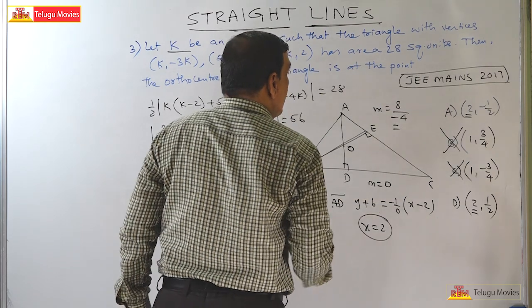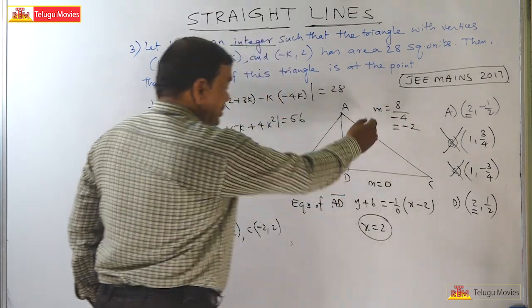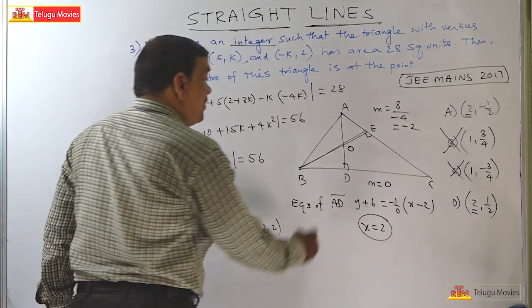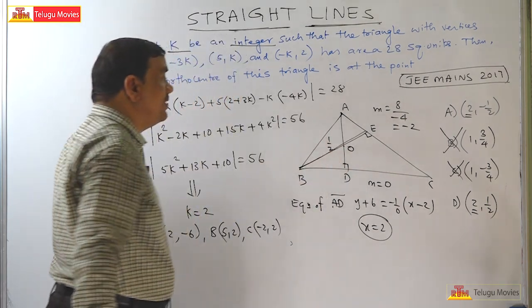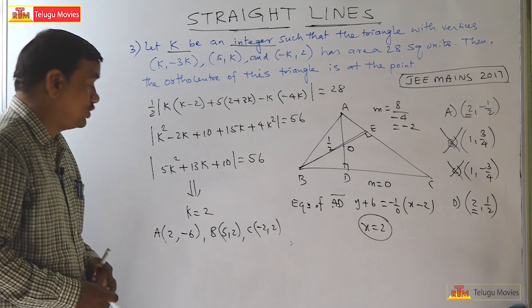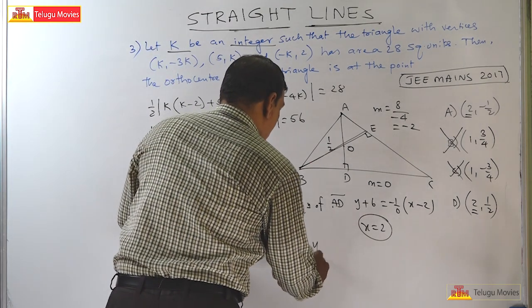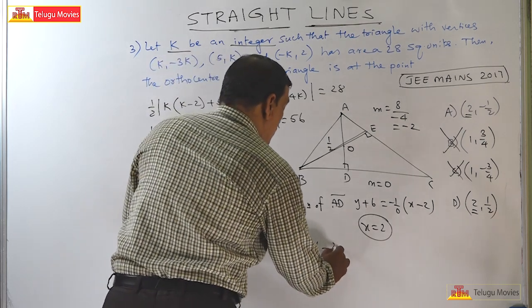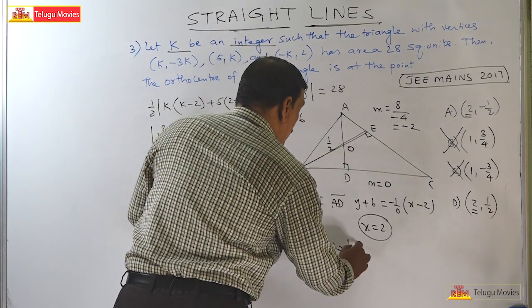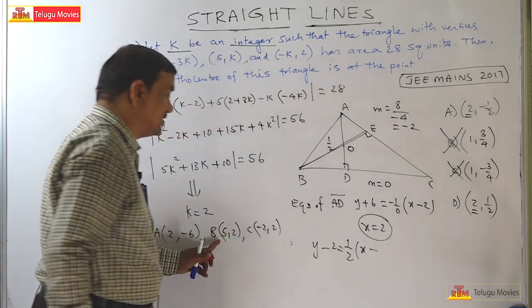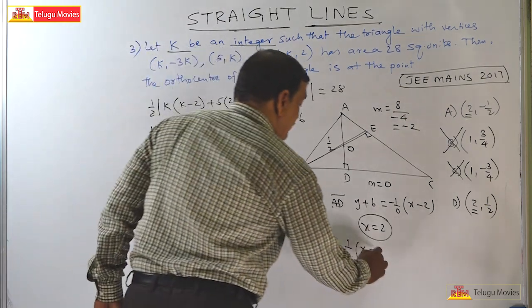Therefore 8 by minus 4 means minus 2. The slope of BE will be 1 by 2, you know that perpendicular slope. Now what is the equation of BE? y minus y1, y1 means 2, the slope is 1 by 2 into x minus x1, x1 means 5.